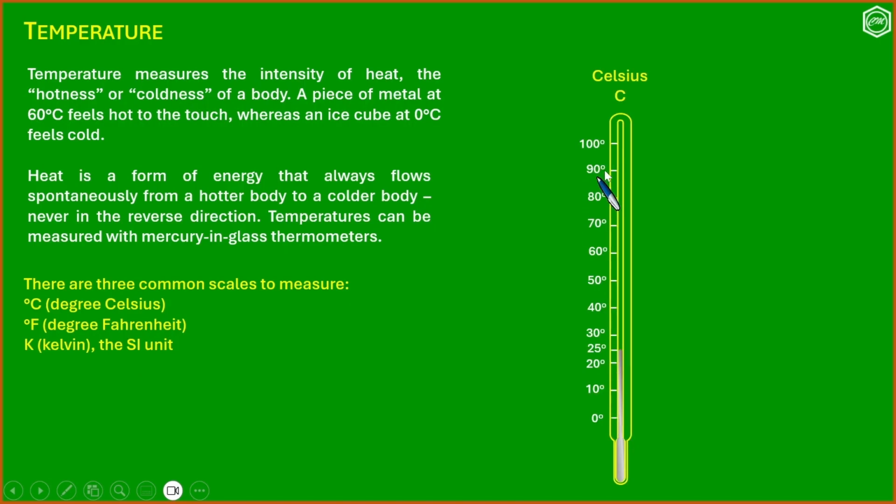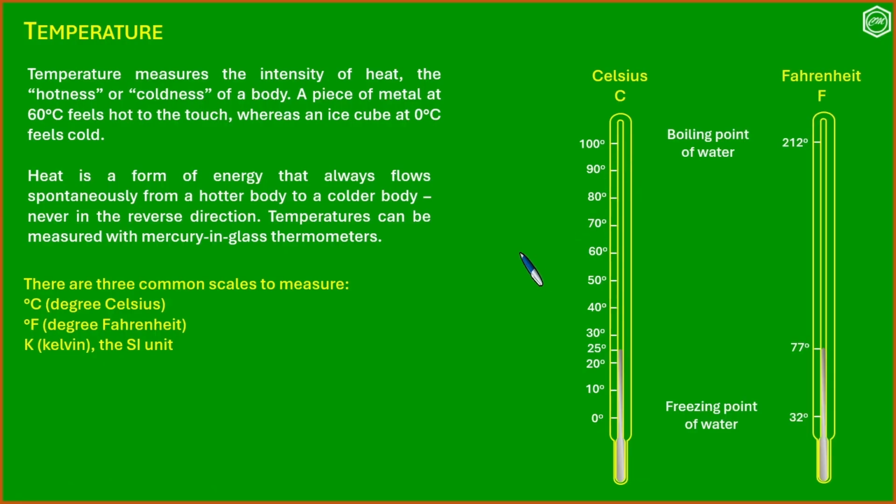Generally, the thermometer with the Celsius scale is calibrated from 0 degree to 100 degree, where these two temperatures are the freezing point of water and the boiling point of water respectively. In the Fahrenheit scale, it is represented between 32 degree and 212 degree.